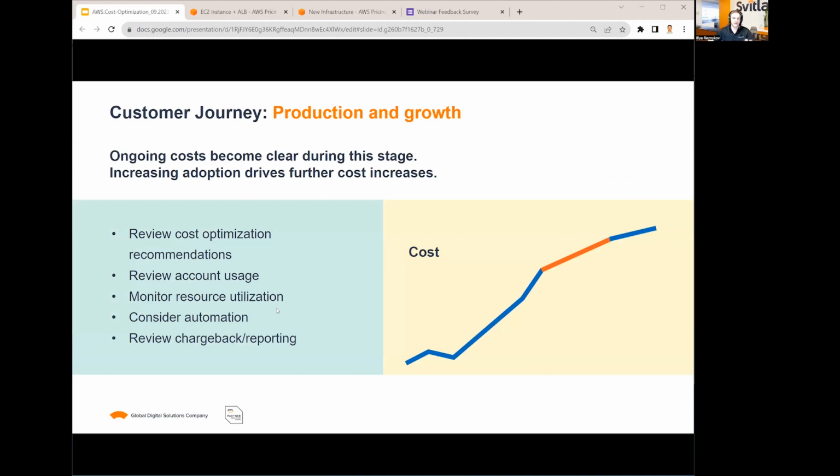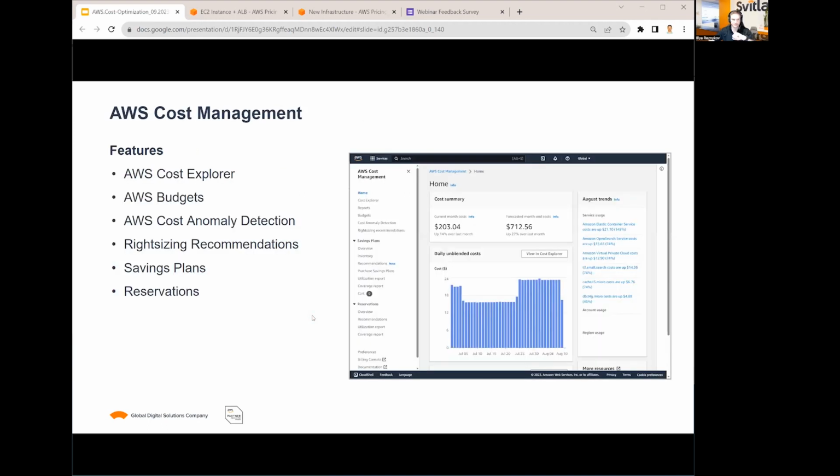At the next stage, we already have infrastructure, and we already have an application or system which is working. It means that here we need to tune our infrastructure based on our needs and our workloads. Once again, cost management tools are our friends in solving this task.